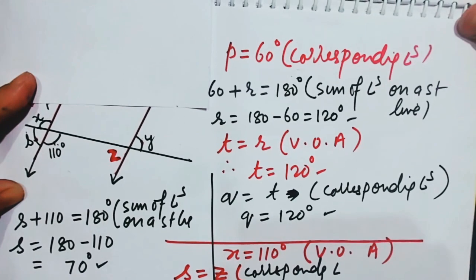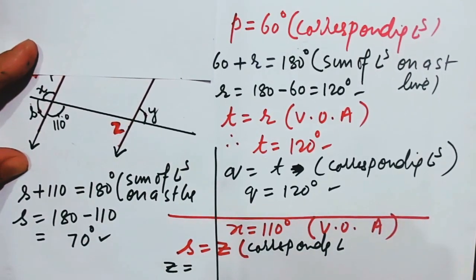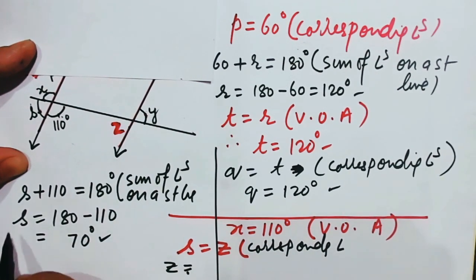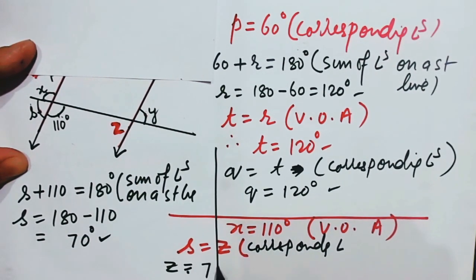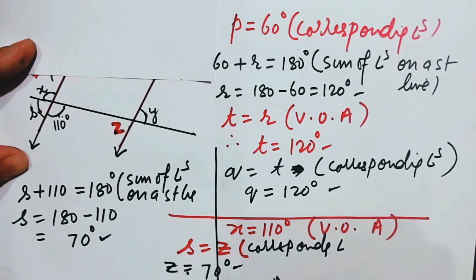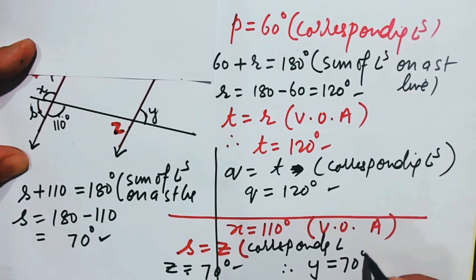Okay, therefore, let me shift it. The value of Z will be equal to how much? What was the value of S? 70 degree. So Z will also be equal to 70 degree. Now, once Z is equal to 70 degree, we can write that therefore Y is also equal to 70 degree.